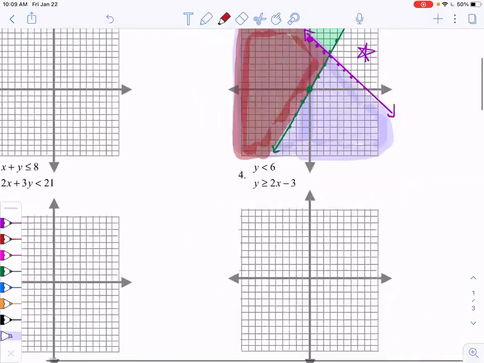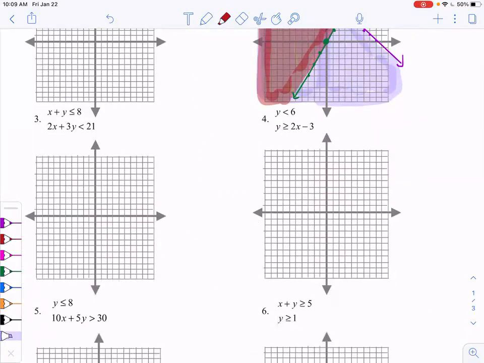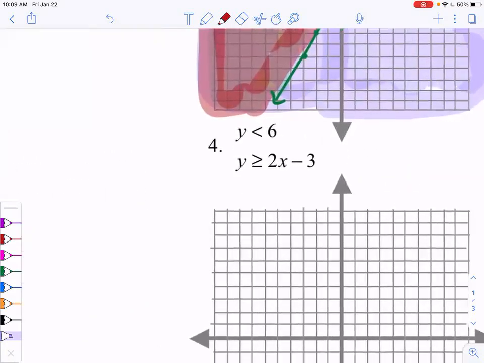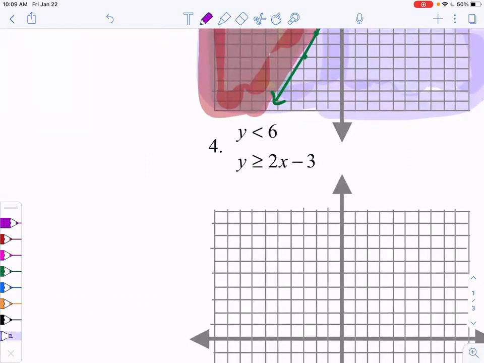Looking at 4, 5, and 6, all have y by itself. And remember, when y is by itself, that's a horizontal line. So in 4, 5, and 6, they will all have horizontal lines.